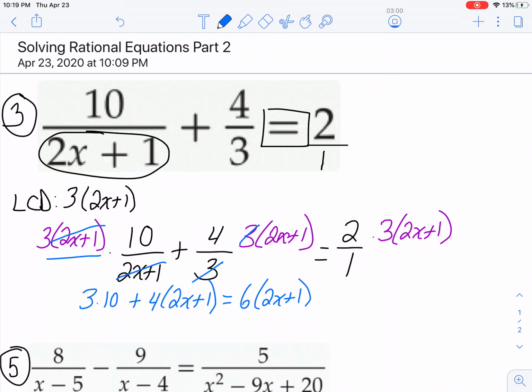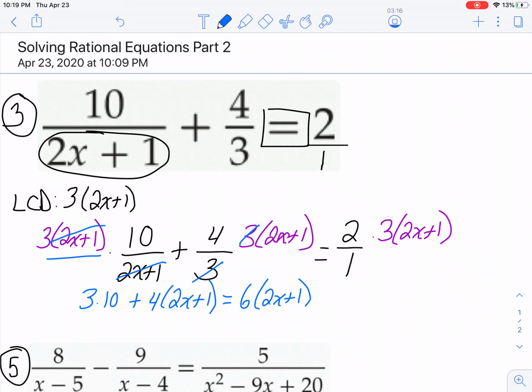So now I get to this step. At this step, if you did it correctly, you should not have any denominators left. If you have a denominator left, it means you made a mistake. Your LCD might be incorrect, or you might not have canceled everything you can, but you should always cancel out your denominators.